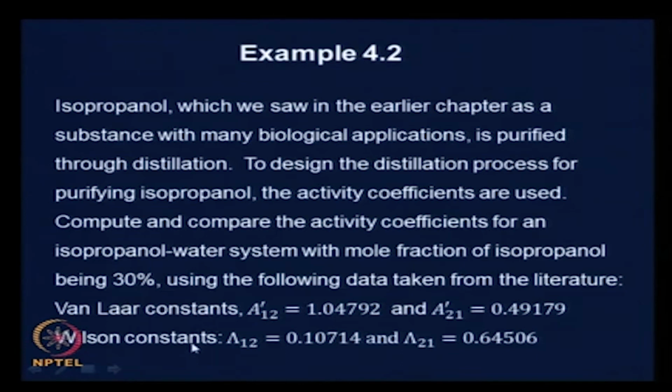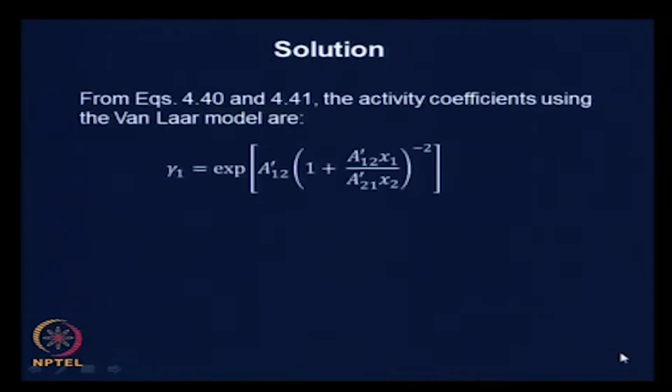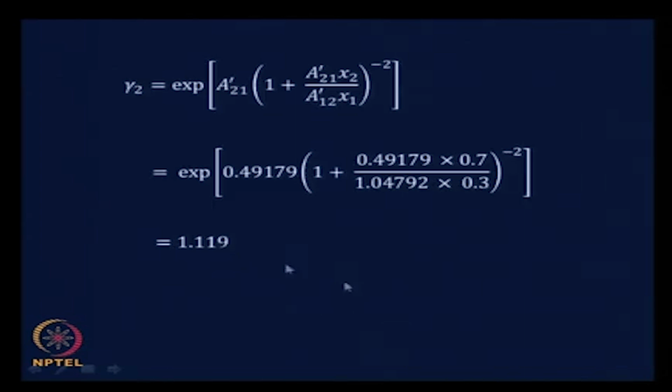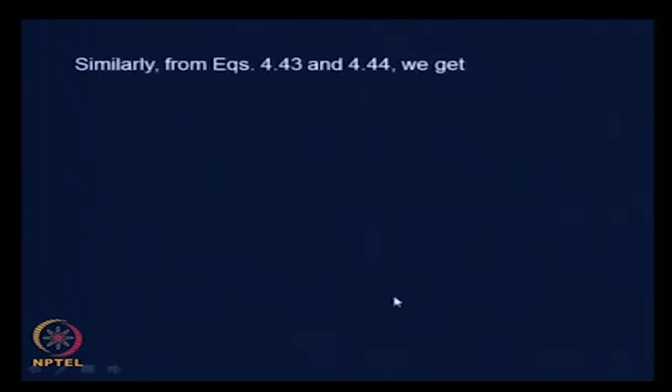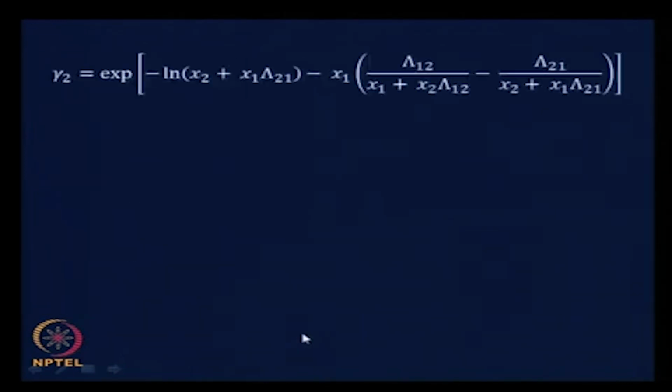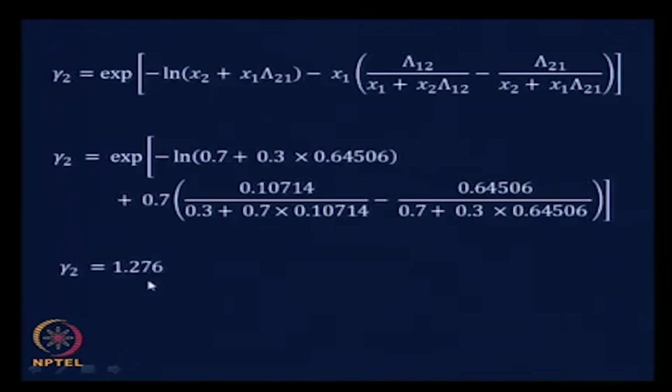The Van Laar constants and the Wilson constants for a particular condition were taken from the literature, and we went through the calculations. You went through it first and then I showed it to you. We found that in the Van Laar model we got gamma 1 was 1.331 and gamma 2 was 1.119, whereas using the Wilson model, we got a gamma 1 of 1.965 and gamma 2 of 1.276.